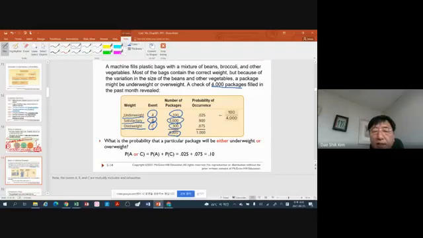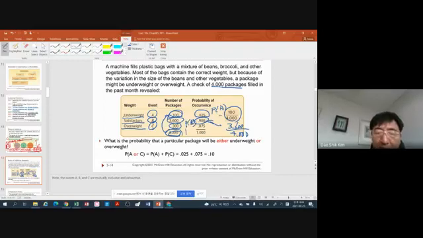Then what is the probability? That means 100 divided by 4,000, which is 0.025, or 2.5%. This is P(A), the event of underweight. The second one is 3,600 divided by 4,000, called P(B).